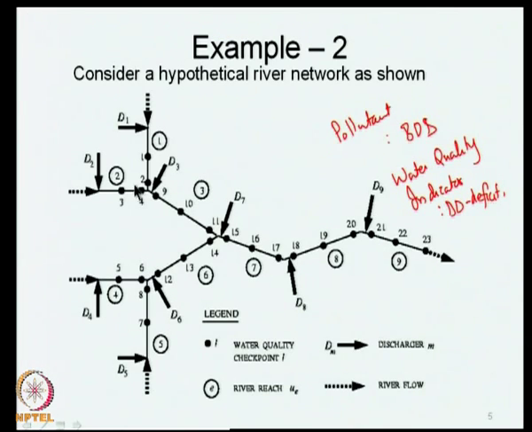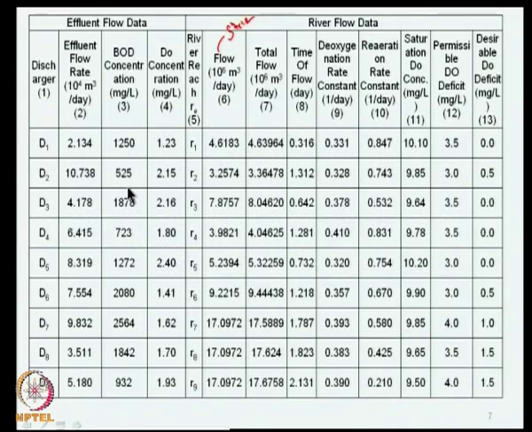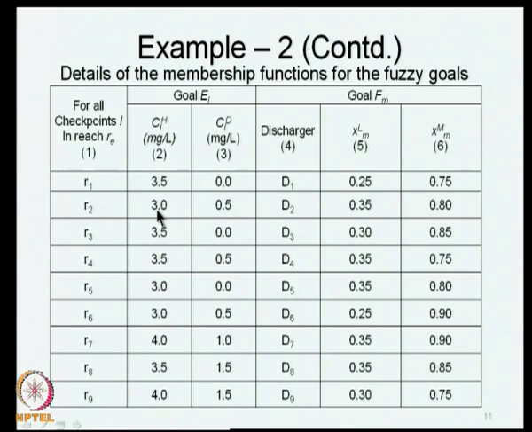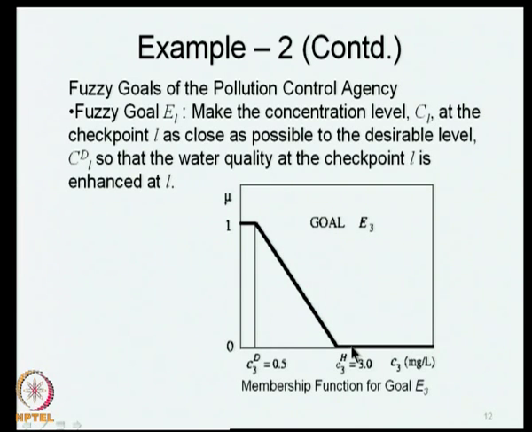Now, the location 3 or the checkpoint 3 belongs to the reach 2, and we have defined the membership functions for reach 2. So, for both 3 and 4, the same membership functions as defined for reach 2 are valid. So, we look at what is defined for reach 2 as a membership function, it is 3.0 and 0.5, and therefore for goal 3 it is 3.0 and 0.5.